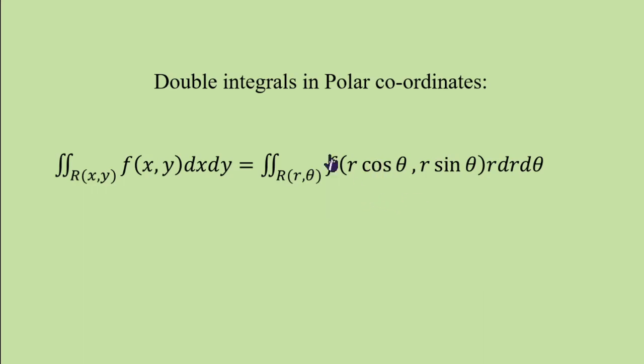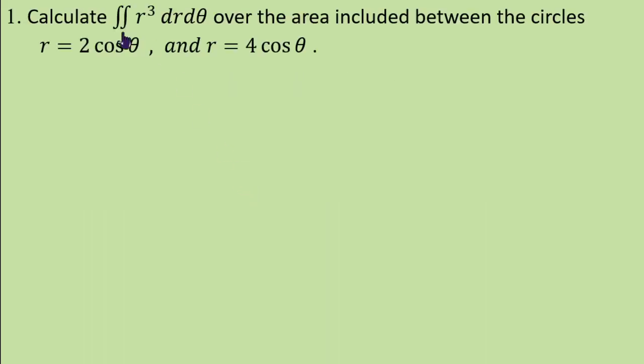Now, first we will discuss the problems of the double integral in polar form. The first question is, calculate double integral r cube dr d theta over the area included between the circles r equal to 2 cos theta and r equal to 4 cos theta. How can we draw the circle r equal to 2 cos theta?